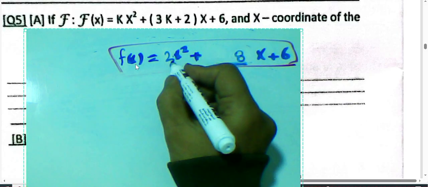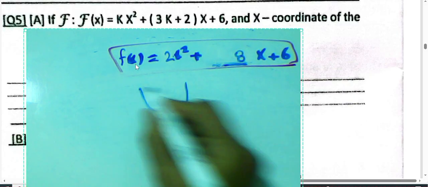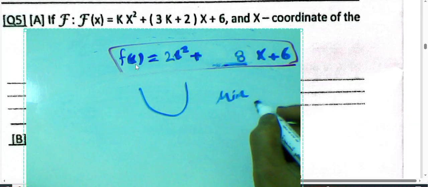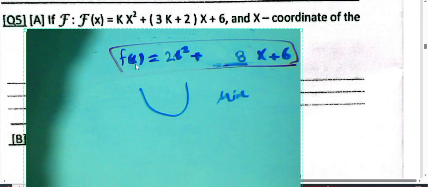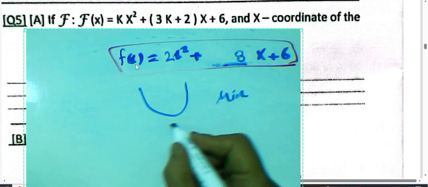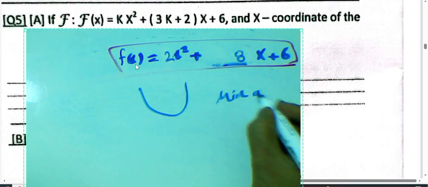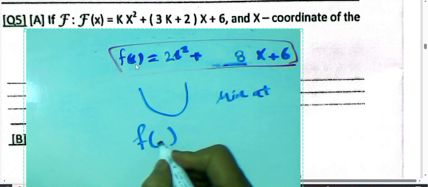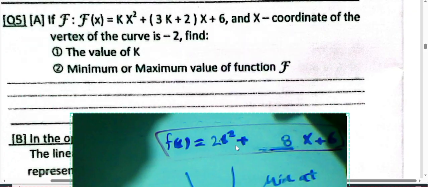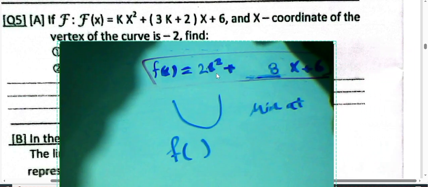We have the curve with coefficient of x power 2 positive, opening upward. This function will be minimum, not maximum. He asked about the minimum or maximum. Minimum at what? We can find the function of x. X was what? He gave me x was negative 2.